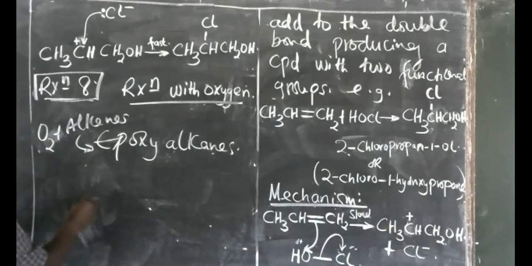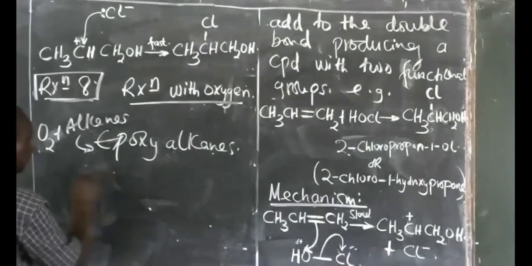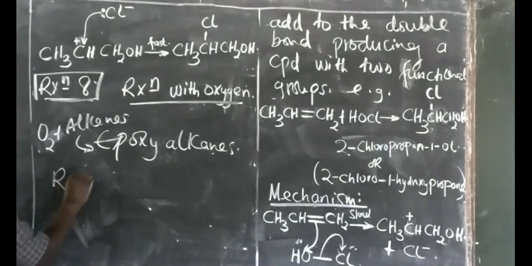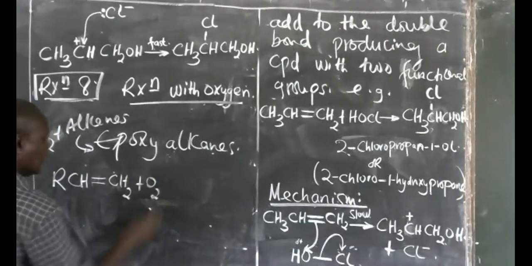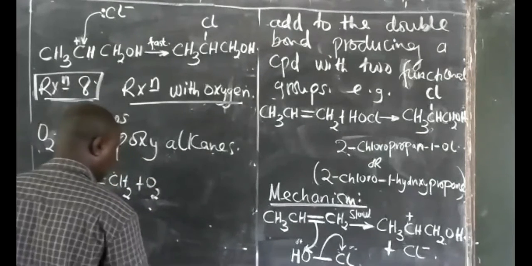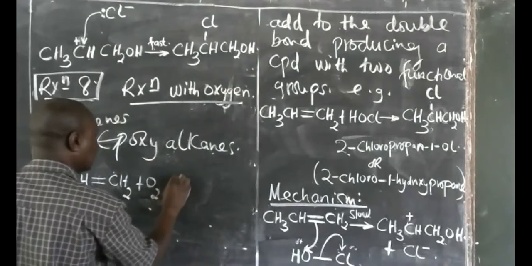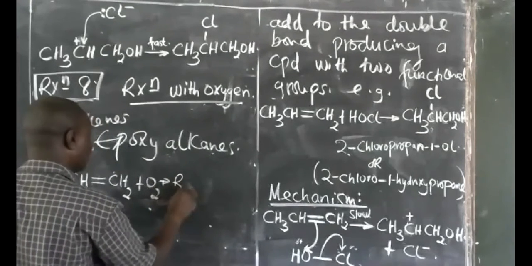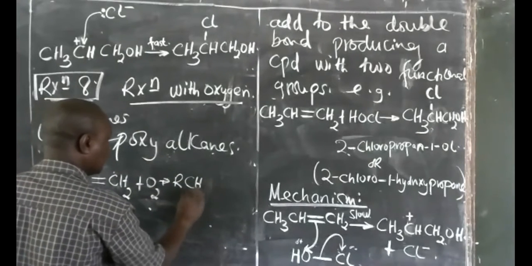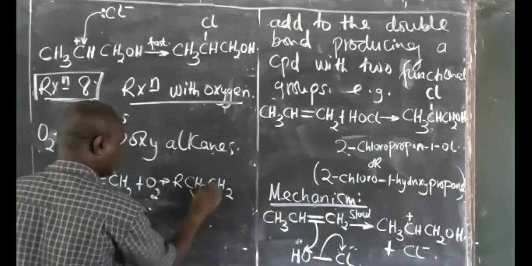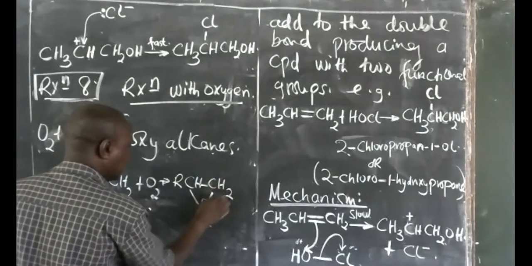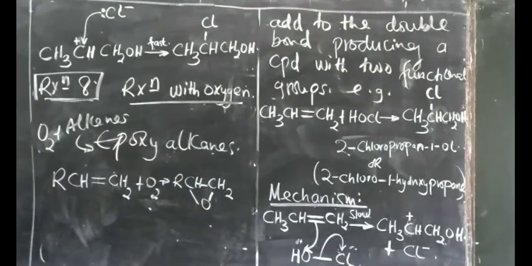So for the epoxy alkanes, for example, if this is R, CH, double bond, CH2, reacting with oxygen is going to give us an epoxy alkane, which is going to be R, for example, CH, CH2, O. That is an epoxy alkane.